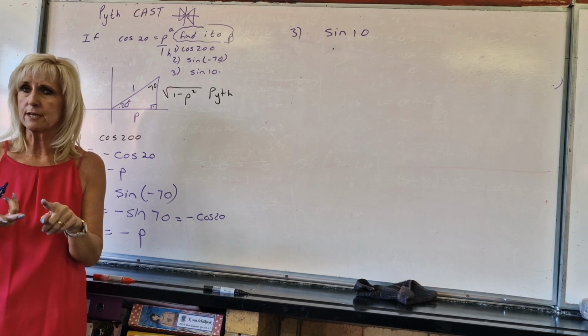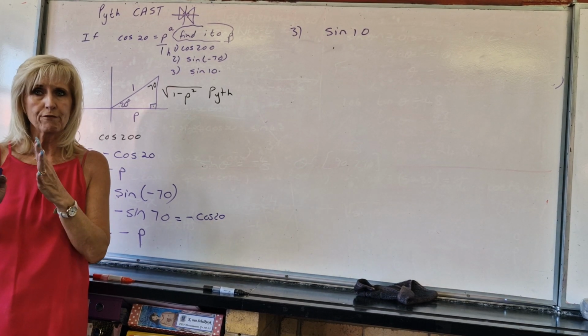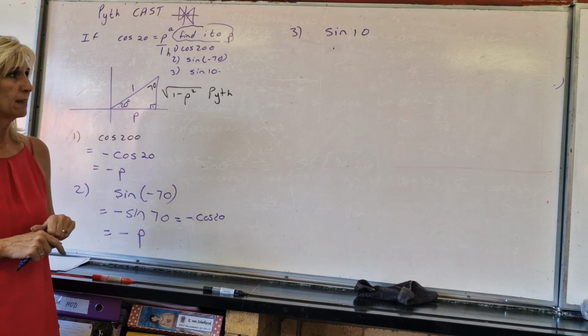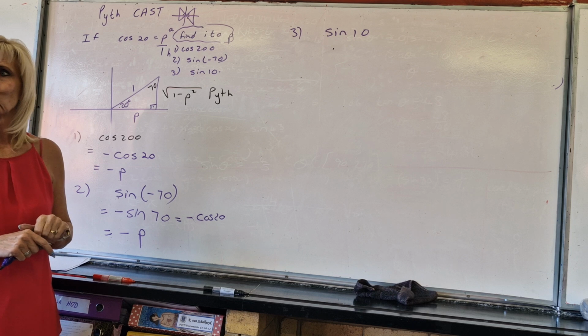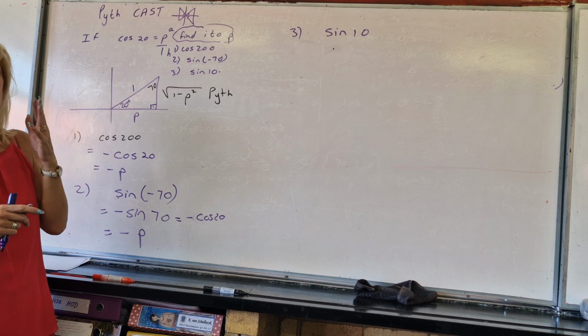Now the compound angles I've taught you. Very often you can use 45 and 60 and 30 to get to angles. Is that going to help you for 10 though? But 10 and 20, how else could I work with it?